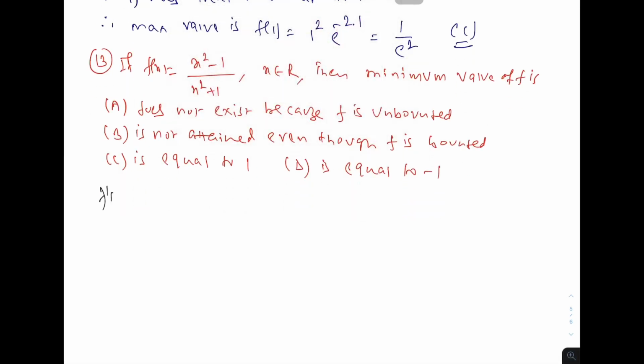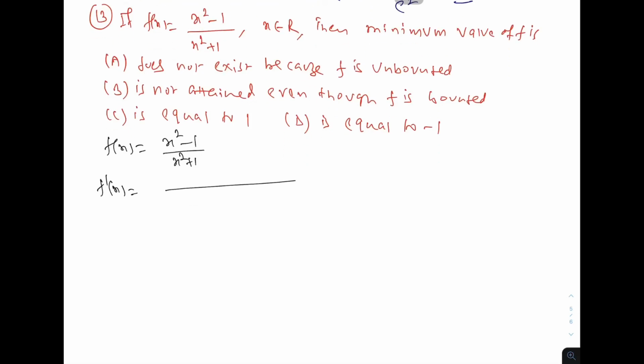Now see, let us first quickly find f dash x. So f(x) is x square minus 1 over x square plus 1, and f dash x, again quotient rule, x square plus 1 squared, x square plus 1 as it is, derivative of x square minus 1 is 2x, then minus x square minus 1 as it is, and derivative of x square plus 1 is 2x.